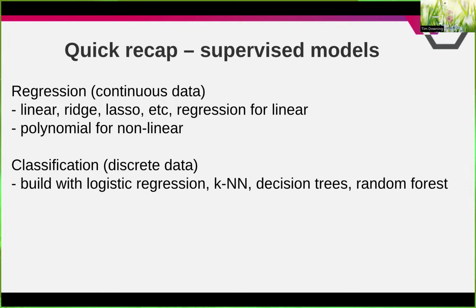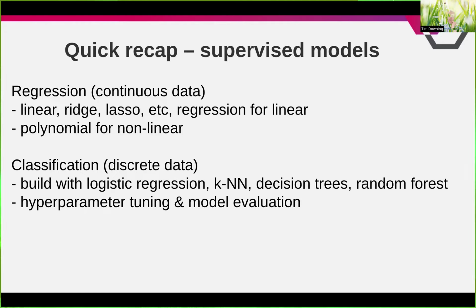So logistic regression is effectively the form of regression that we're using in this practical, in the previous one in R and this one in Python. They can often use KNN, K nearest neighbors, decision trees, and random forest models to apply that classification. And then there's the whole area of tuning and model evaluation at the end.